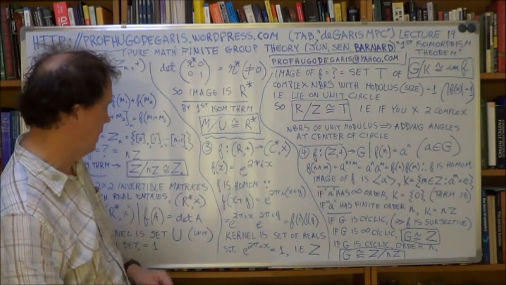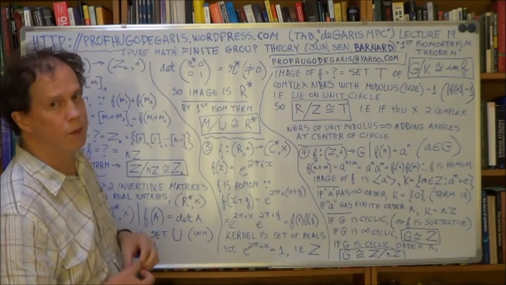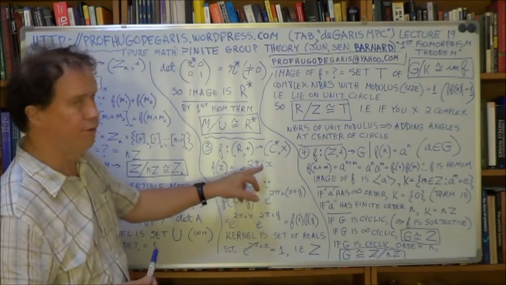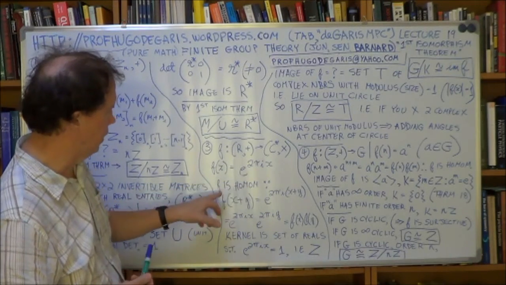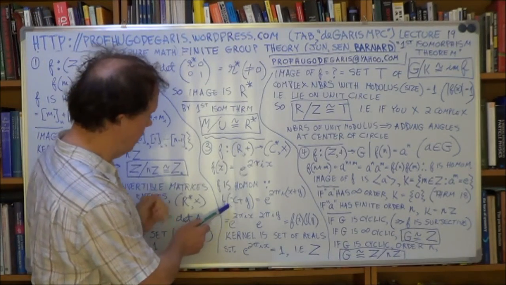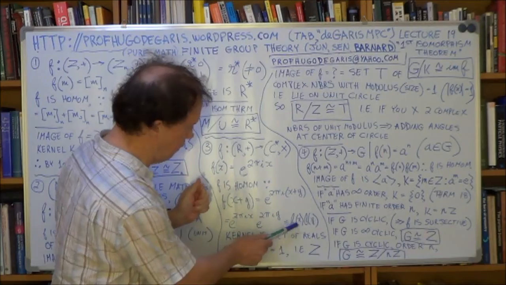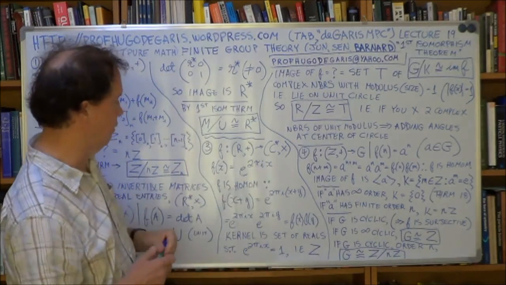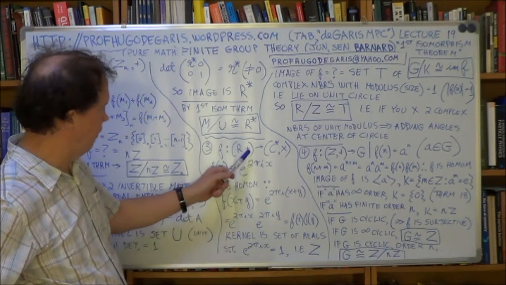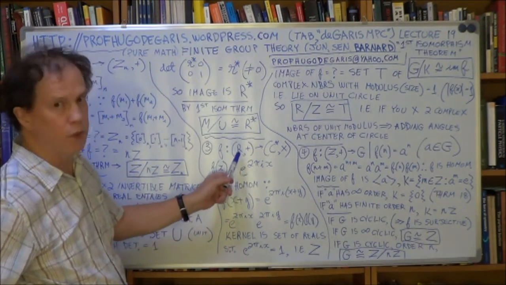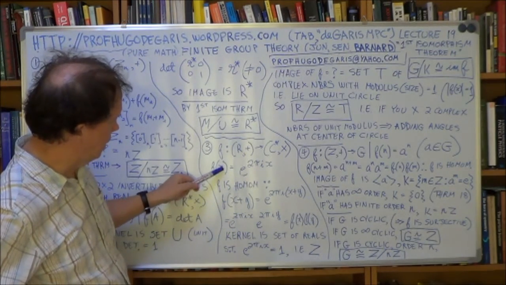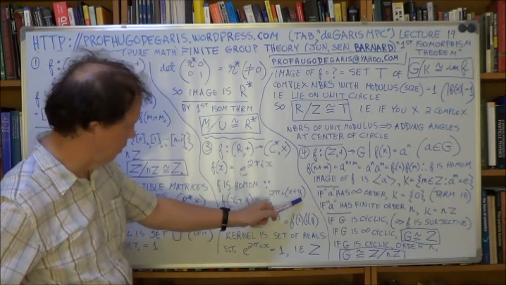Is this f homomorphic? We haven't done this before, I think, in terms of proving it homomorphic, so let's just quickly do it. We're trying to show f of x plus y is equal to f of x times f of y, the usual homomorphic form. The binary operation here is plus for your big group G. So f of x plus y: you've got x plus y here, so put x plus y here, which gives you this.